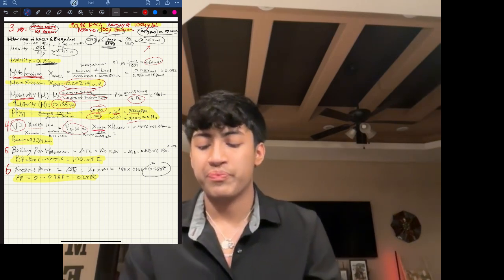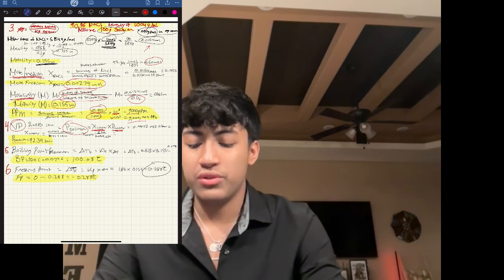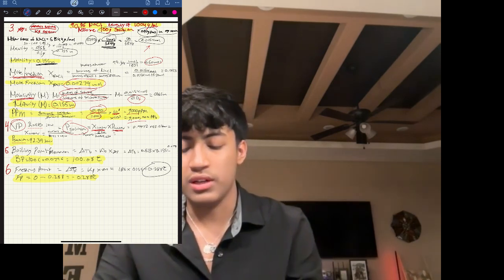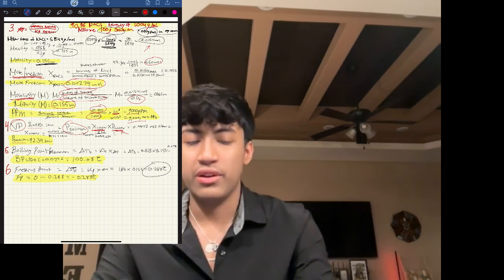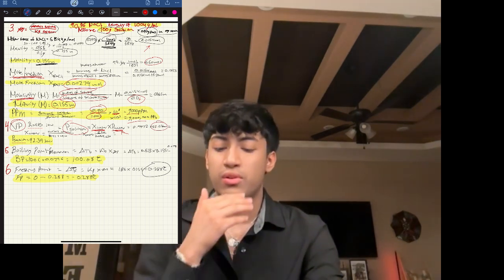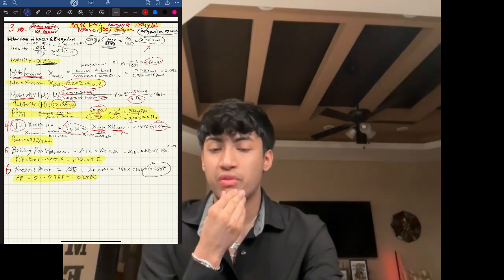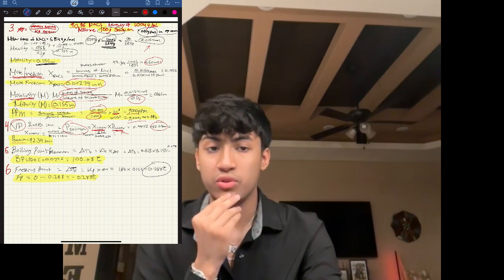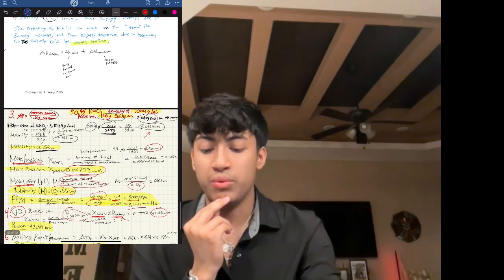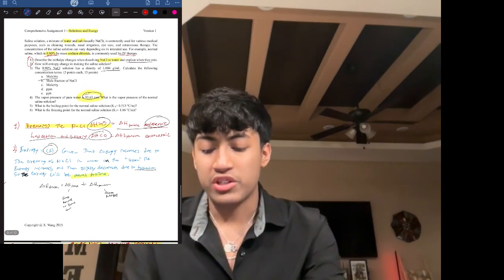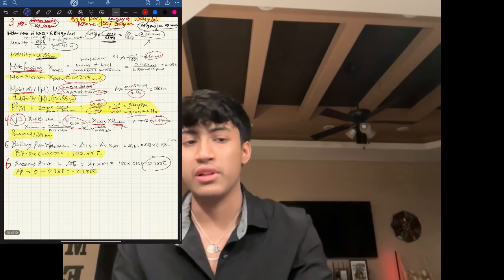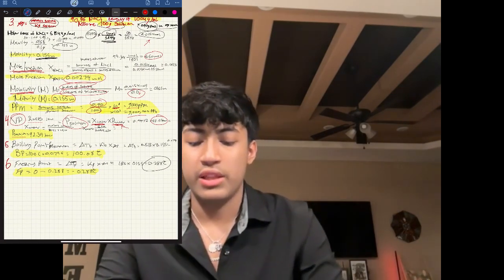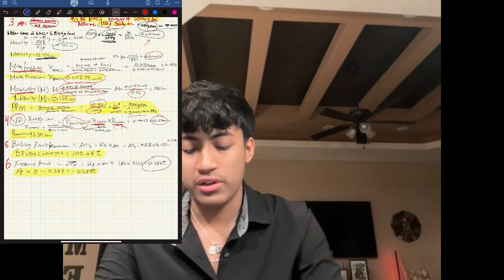Moving on to the vapor pressure, we would have to use Raoult's law. Starting this equation, we would have to get the vapor pressure of the solution, and then we would get the mole fraction of water, which we found here. We should have found it in the last one too. And then we get the vapor pressure of water.